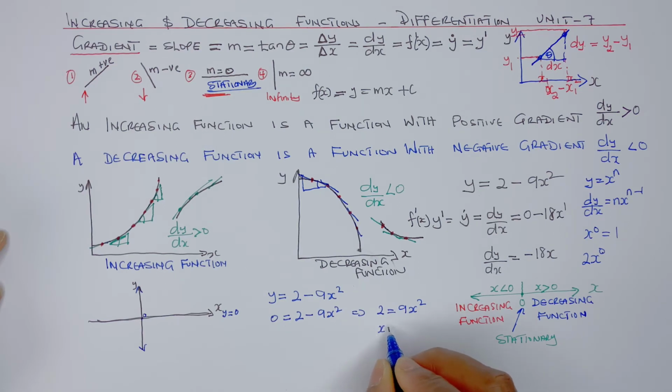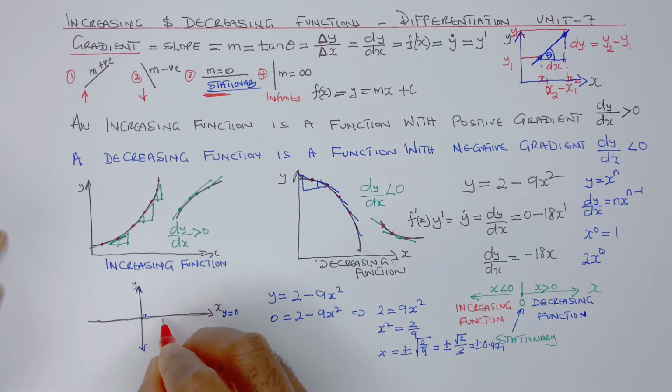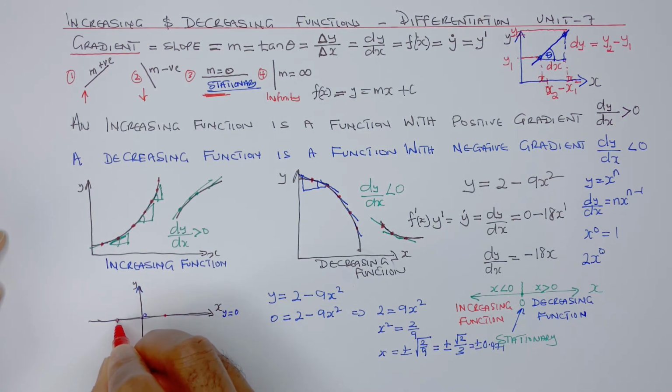Therefore, x squared equals, divide both sides by 9, 2 over 9. And if we square root both sides, we get x equals plus or minus root 2 over 9, which equals plus or minus root 2 over 3, because root of 9 is 3, and that equals plus or minus 0.471, which means the points where it crosses the x-axis are these 2 points, root 2 over 3 and minus root 2 over 3.